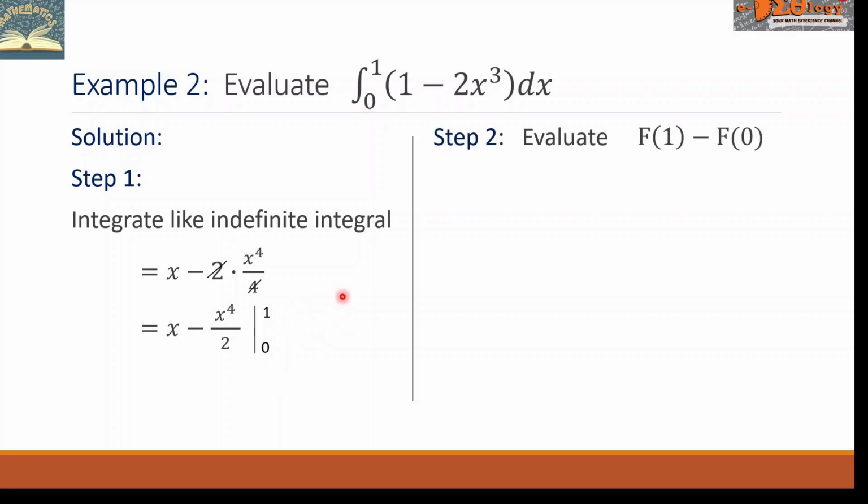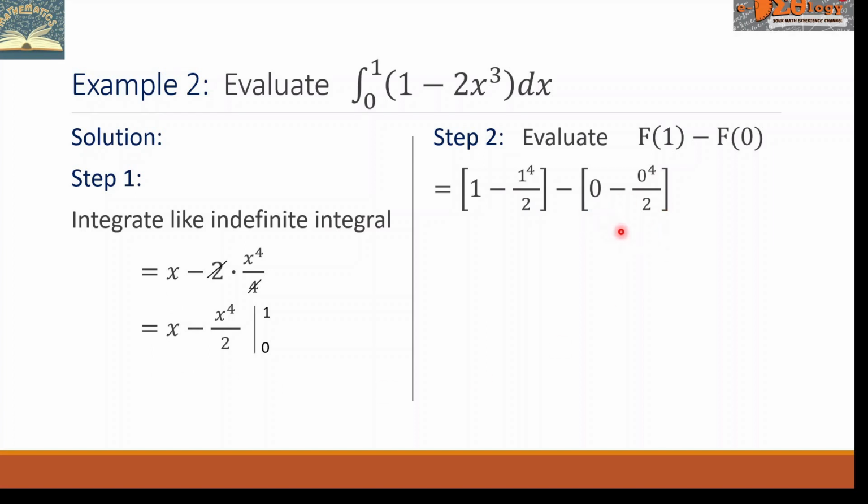That is the step 2. Evaluating capital F of 1 minus capital F of 0. There will be two groups. The first group is when we evaluate this function with respect to 1, minus we evaluate this function with respect to 0.